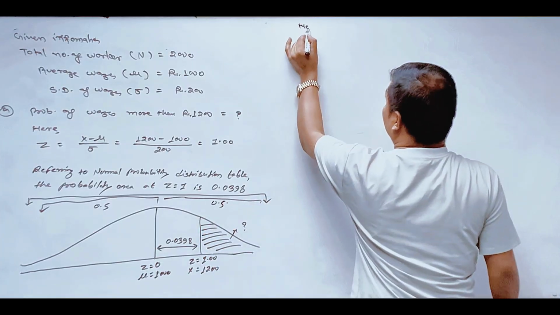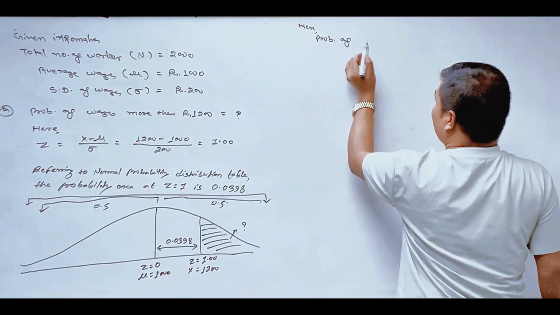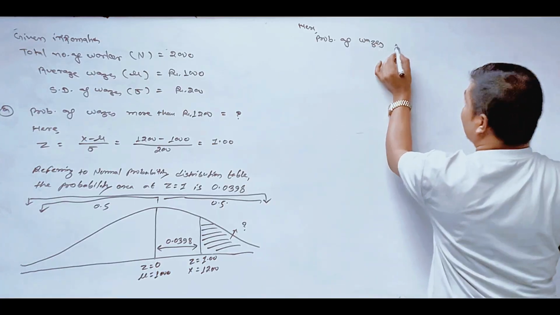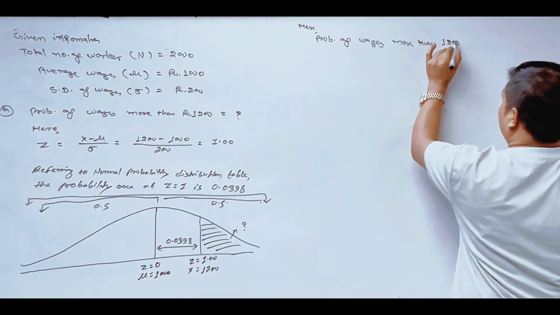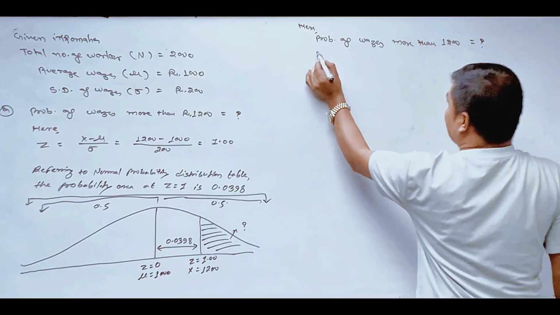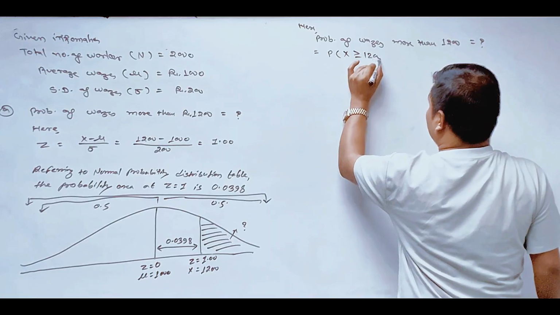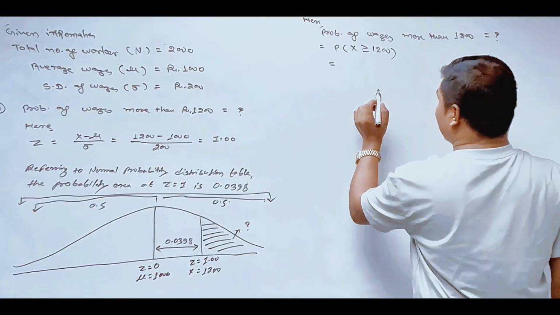Here the probability of wages more than 1,200 is represented by P(X ≥ 1,200).